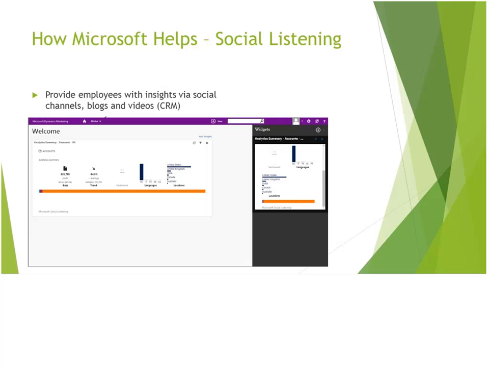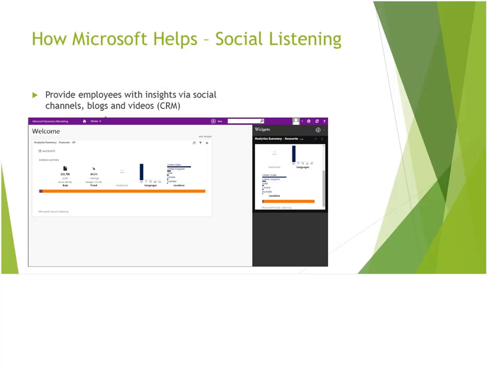And for those of you unfamiliar with the social listening tool, this is basically a social monitoring tool. So it monitors Twitter, monitors Facebook, and they're now expanding that. So now employees can, as well as monitoring their social channels, it also monitors blogs and videos. The other one it now monitors is RSS feeds.